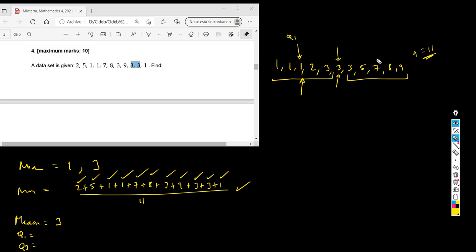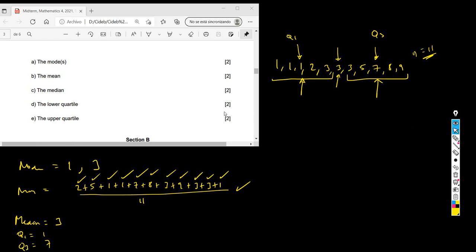So this is Q1, and in here that would be, I'm sorry, that would be 7. That would be Q3 for the same reasons. It divides this section into two equal parts. So this is 1, this is 7, and the problem is solved. These were 10 points, guys, for free, basically.